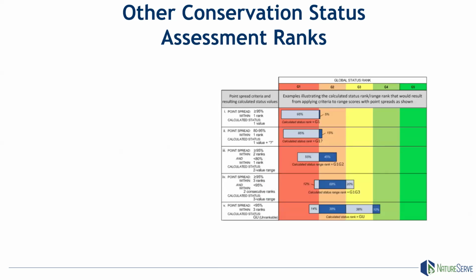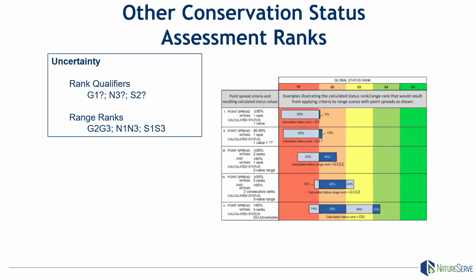In addition, ranks can express some uncertainty with a rank qualifier, like a question mark after the numerical rank, or through range ranks like G2, G3, N1, N3, or S1, S3. The question mark and then range ranks indicate increasing levels of uncertainty in the data or information about rarity, threats, and trends that support the assessment.